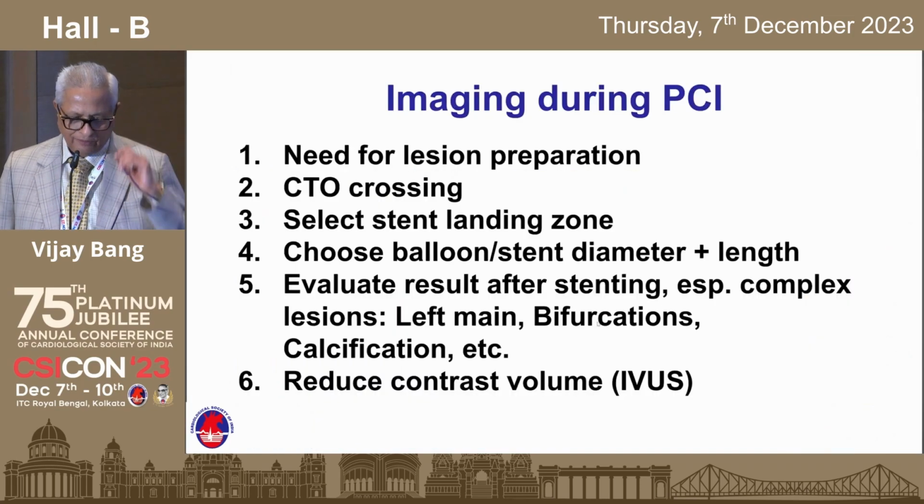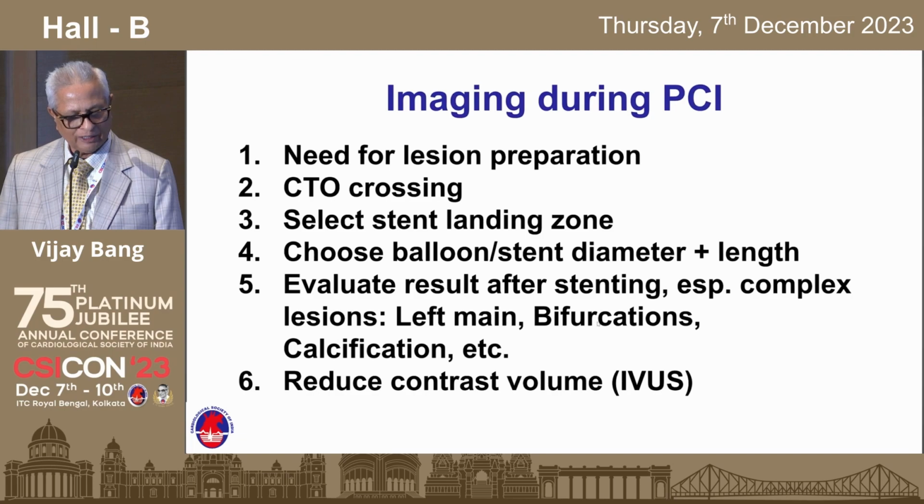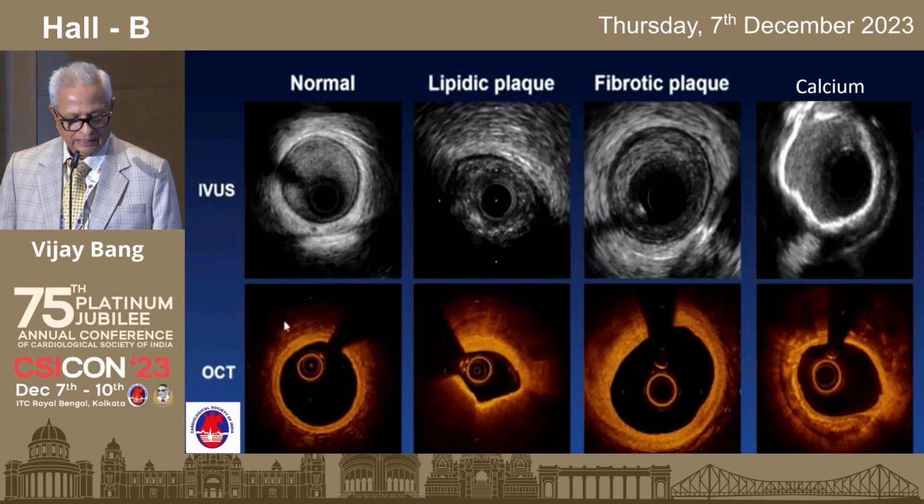Now, during imaging, what we want to see is whether the stent is optimized well, apposed well, whether there is a malposition, whether there is a dissection, and what we need to do if calcium is there before stenting. If calcium is there, we need to select what kind of tool we need, whether an atherectomy tool or a cutting balloon is good enough.